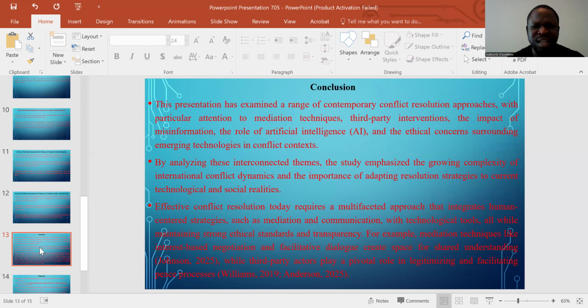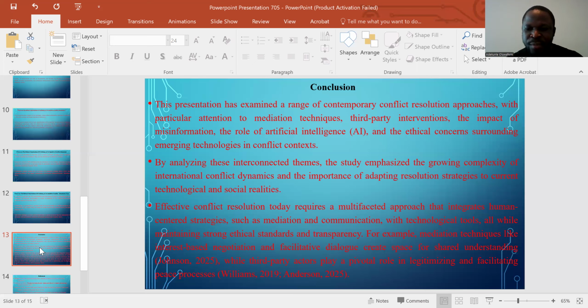By analyzing these interconnected themes, the study emphasized the growing complexity of international conflict dynamics and the importance of adaptive resolution strategies to correct technological and social realities. Effective conflict resolution today requires a multifaceted approach that integrates human-centered strategies such as mediation and communication with technological tools, all while maintaining strong ethical standards, transparency, and accountability.